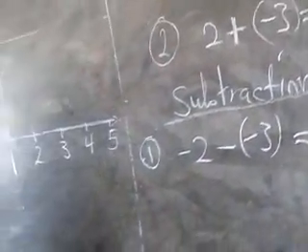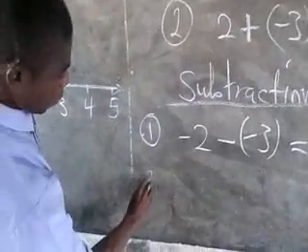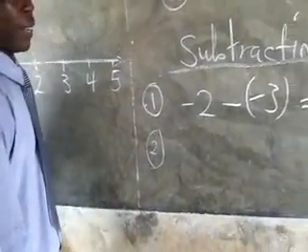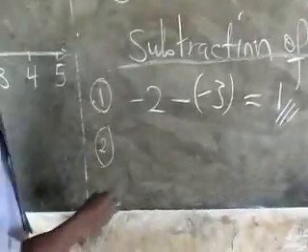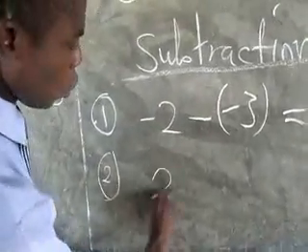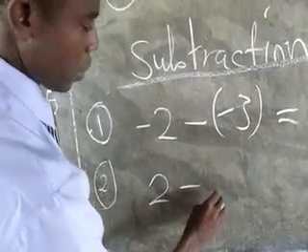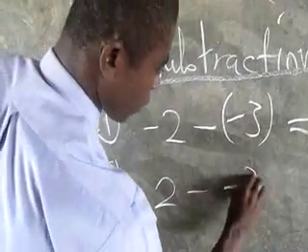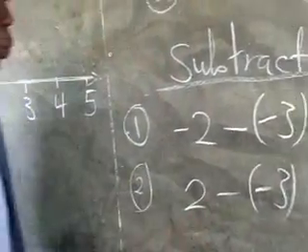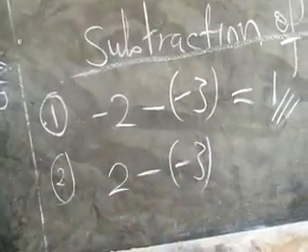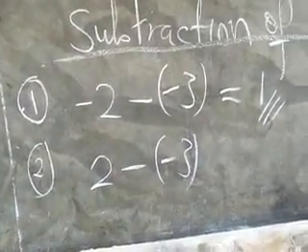Now let us consider maybe example 2 under subtraction of integers. 2 minus negative 3. That's positive 2 minus negative 3. Good.